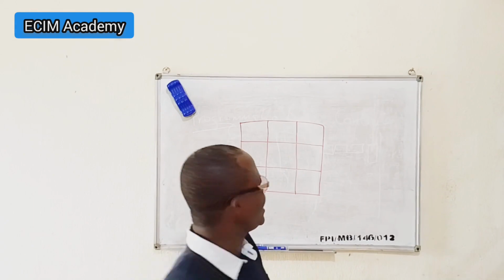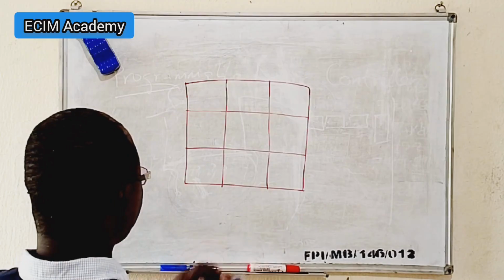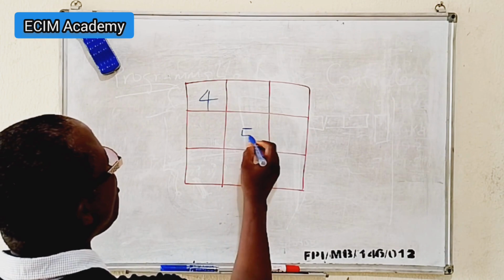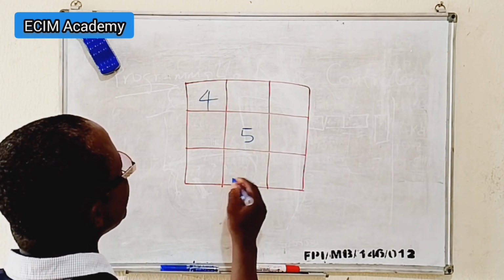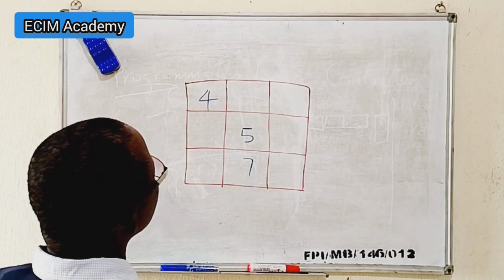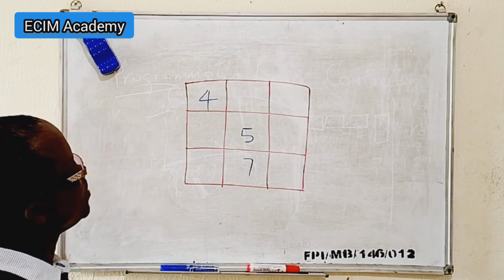But to start, they gave us a starting point, and let's see the starting point. We have 4, 5, and 7. So that's our starting point.